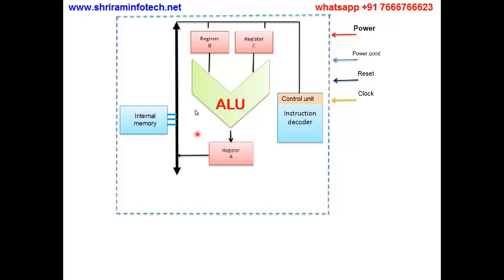And these are the registers, which store the memory internally, and this is called the control unit. And this one is called the front side bus, where the CPU communicates with the external devices.